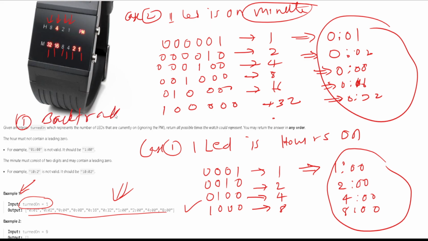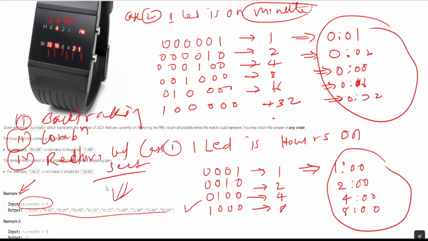Remember, some of the people will do backtracking, some will do the combination, some people will do recursion, right? Recursive selection, right? So these things they can do. If you try this backtracking, combination, recursive selection, do not do this. Just stop this, because this will not work.